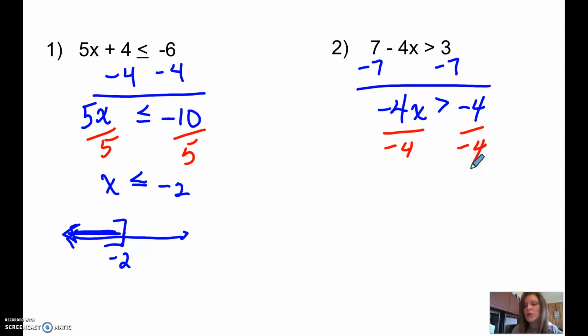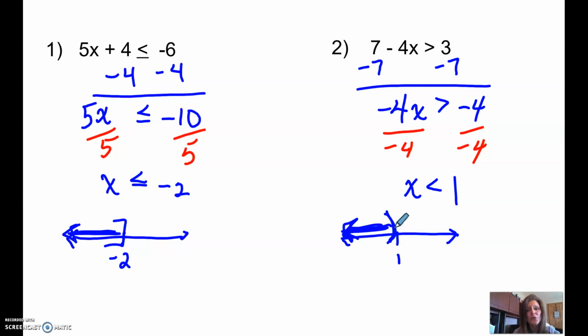So in dividing by a negative, I know when I come down to my next step, I have to reverse that inequality and make it x is less than. And let's see, negative divided by a negative is going to be a positive 1. So my number line graph here would be find 1. I want to go less than, and I do not want to include, so I'm going to use the parenthesis there on the 1. Let me know if you have any questions.